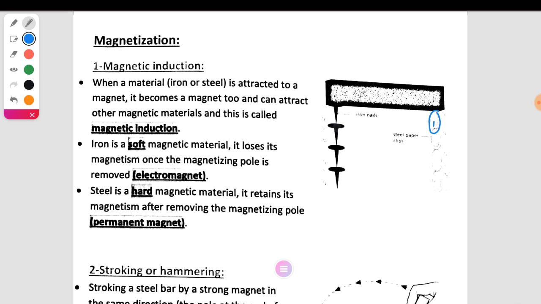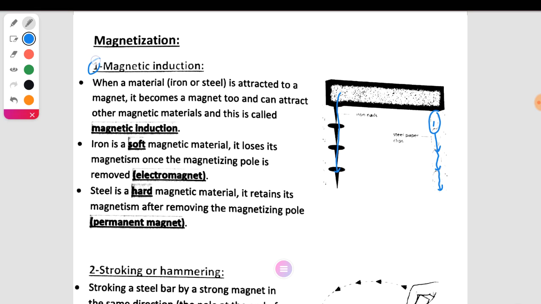This needle attracts another one, and this attracts another one. This means that the magnetic field of the magnet transfers to the second, then to the third, then to the fourth, and so on.